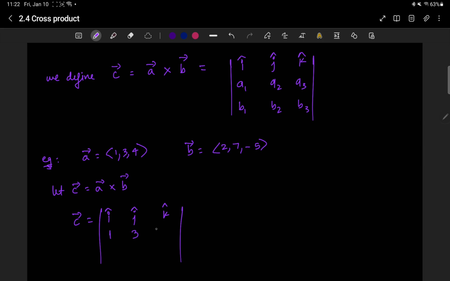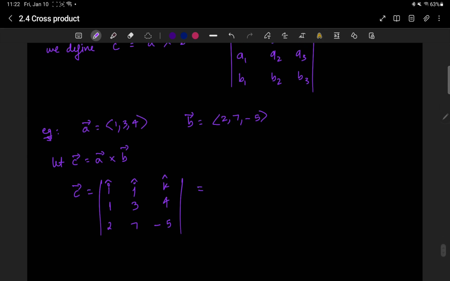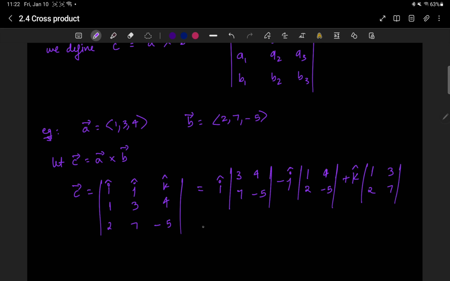You list down the vector A, you list down the vector B, and recall that for this you have i, determinant of 3, 4, 7, -5, minus j, determinant 1, 4, 2, -5, plus k, determinant 1, 3, 2, 7.